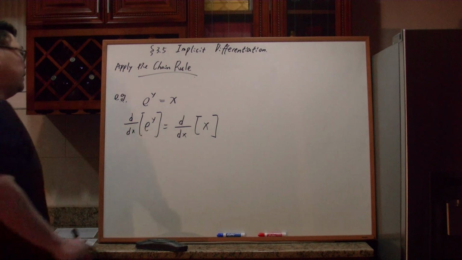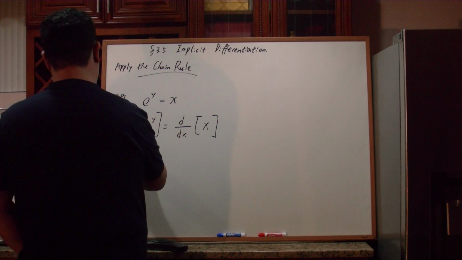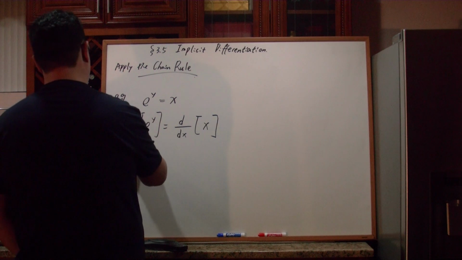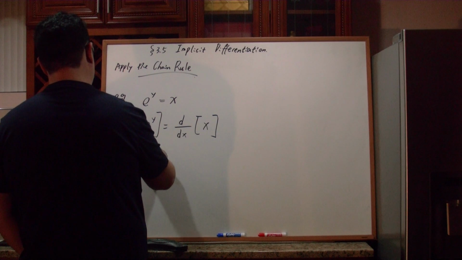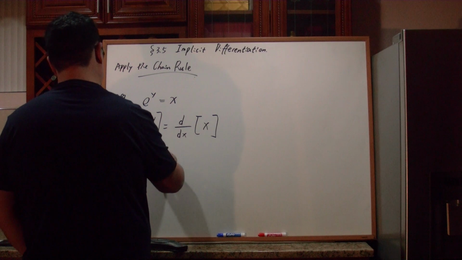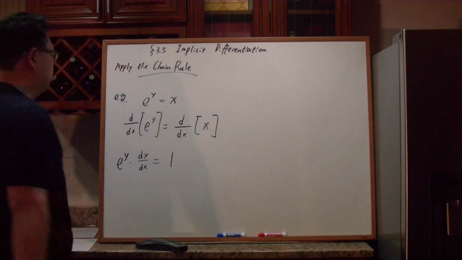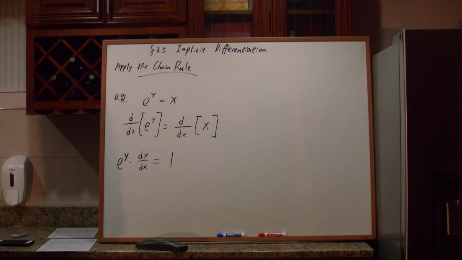For e to the y, as we apply the chain rule, that's still e to the y, multiplied by dy over dx. On the right side, the derivative of x with respect to x is 1.